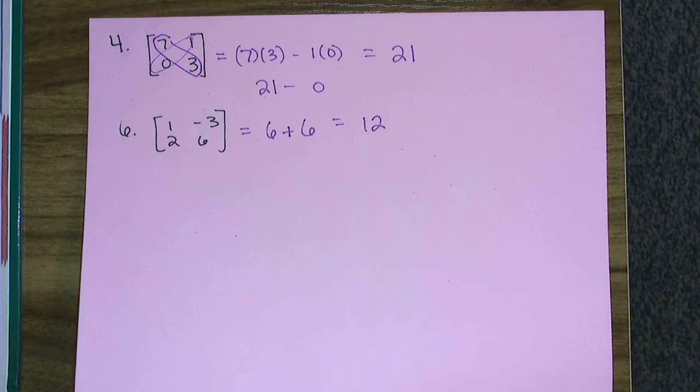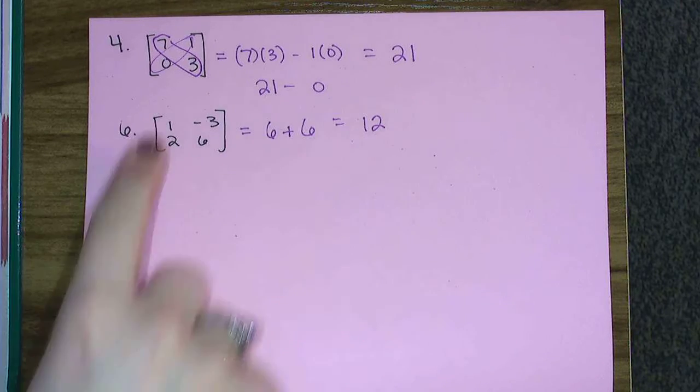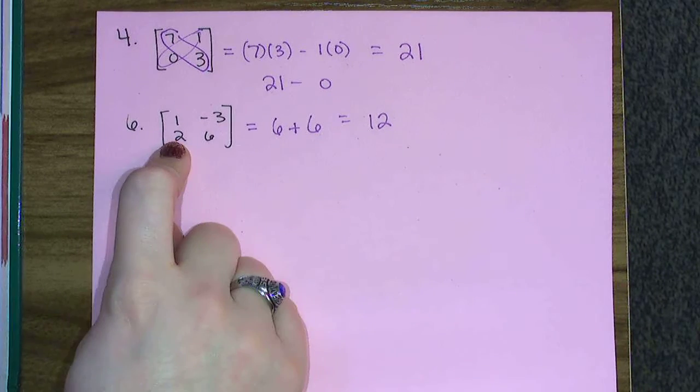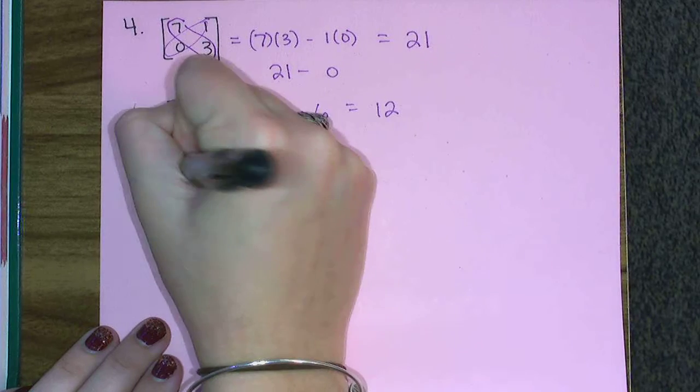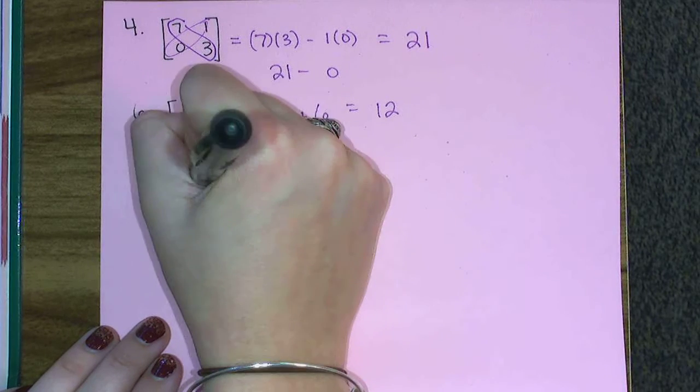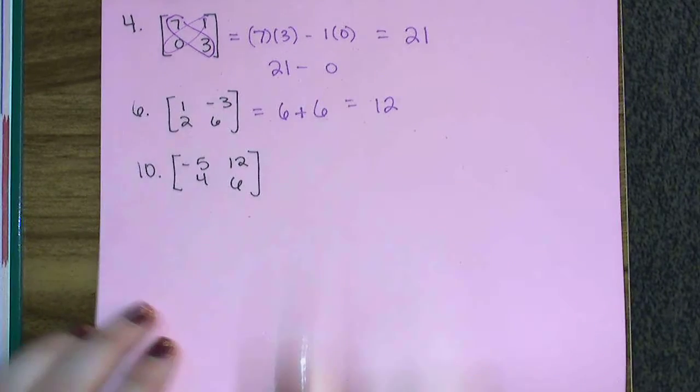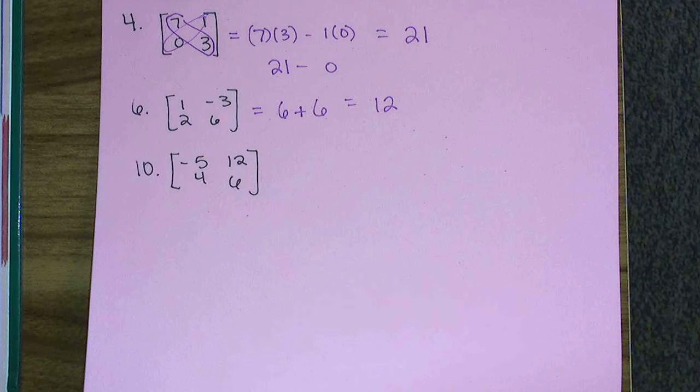So 6 minus a negative 6 is 6 plus 6, so that's 12. It's always minus. It's always this diagonal minus this diagonal. Alright, I want you guys to do this one on your own. Negative 5, 12, 4, 6.